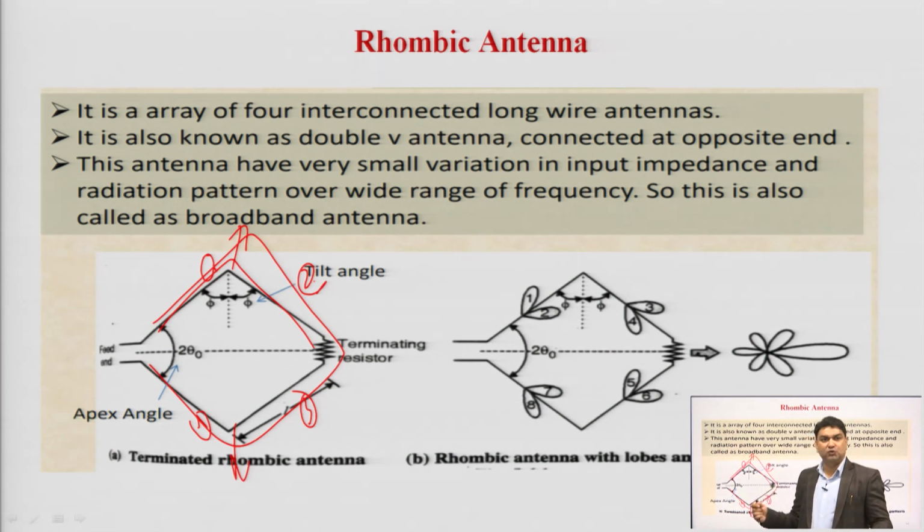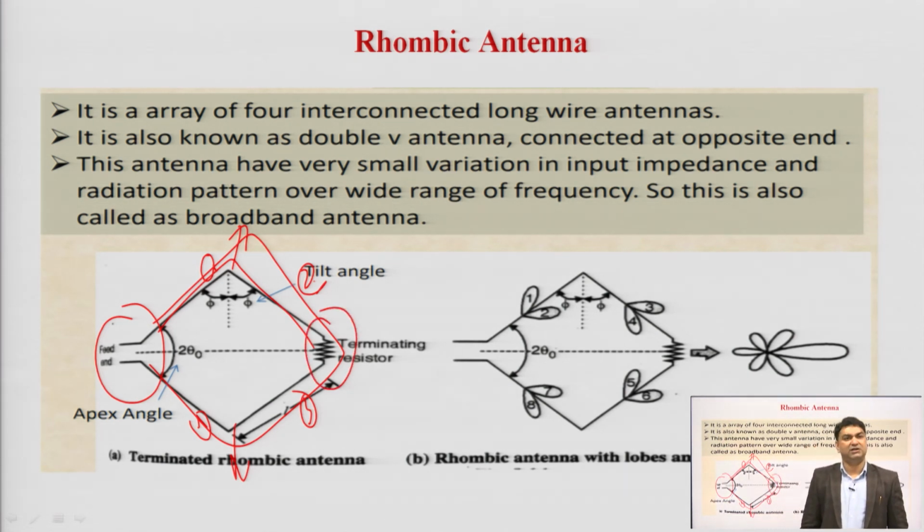At one end these 2 wires are excited, provided with a feed system, and at the other end they are terminated with their characteristic impedance. So the shape is a rhombus, but the wires used to form a rhombic antenna are only 2.